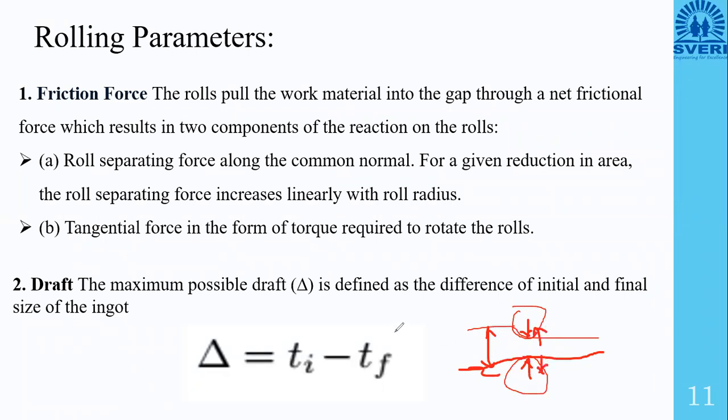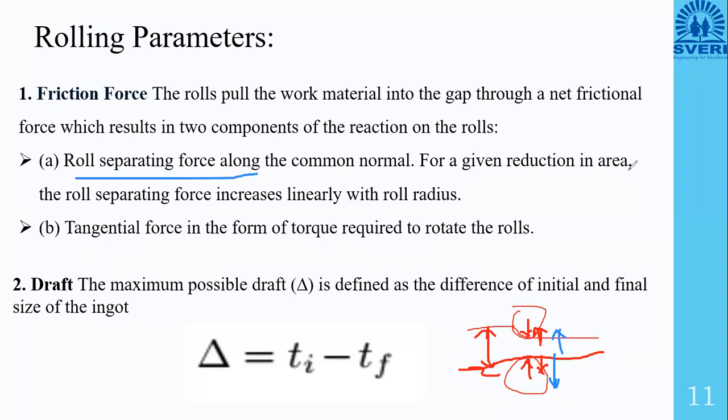If this pressure becomes higher, whether the upward pressure or the downward pressure, what happens? The rollers will not remain at their own position, they will move out, and the squeezing operation will not be performed. So the first is called the roll separating force. This is the roll separating force.